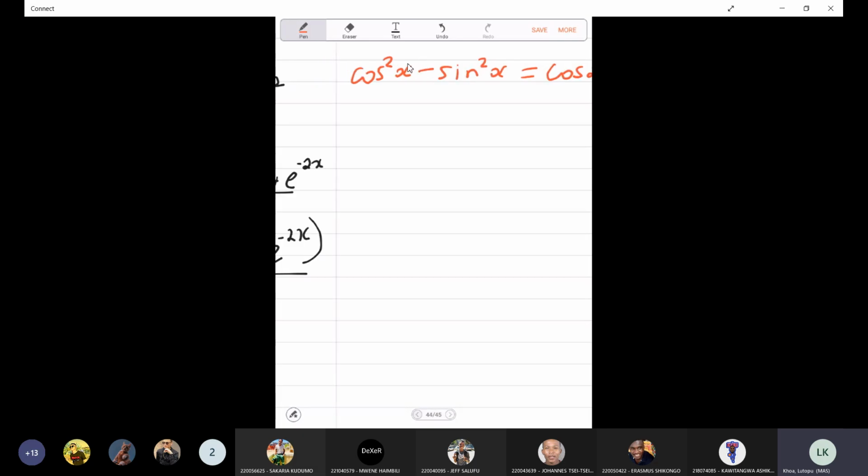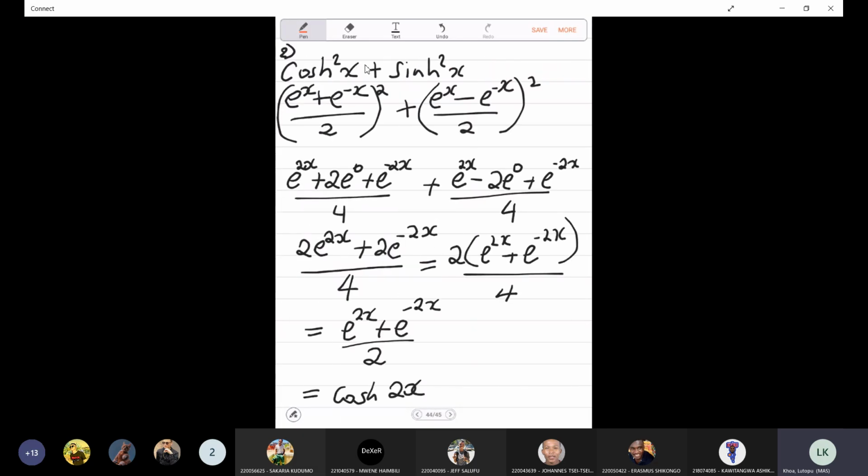And now with our identity, we have a plus instead of a minus. So you can see the signs are switched, but the idea is the same. And it is equal to cos 2x. So I just want to shift this so I can write the identity all together.